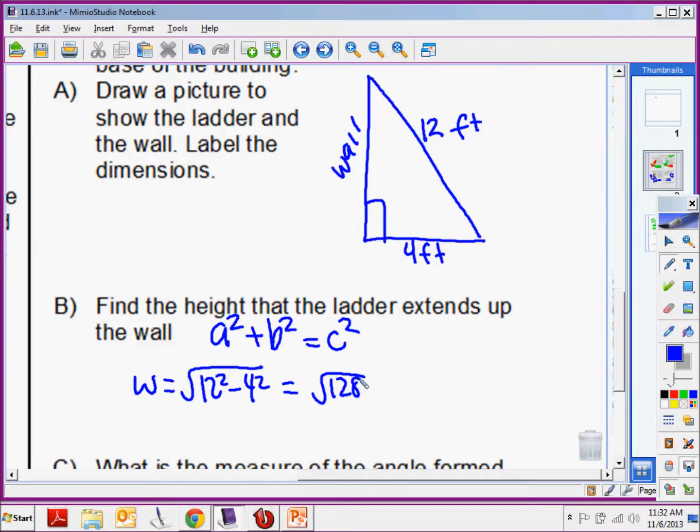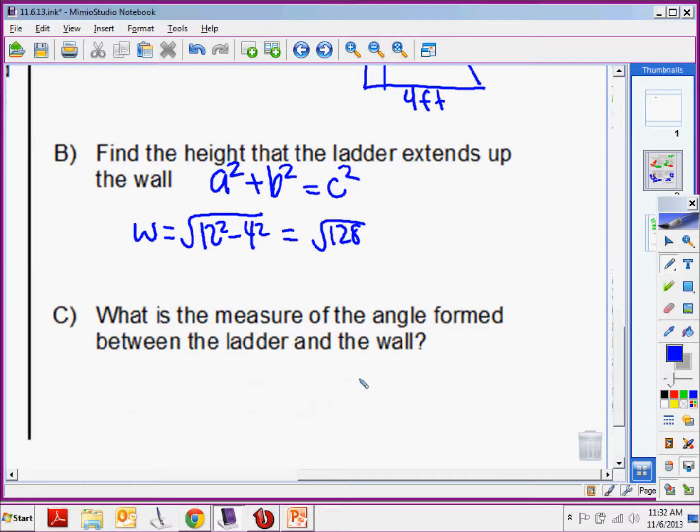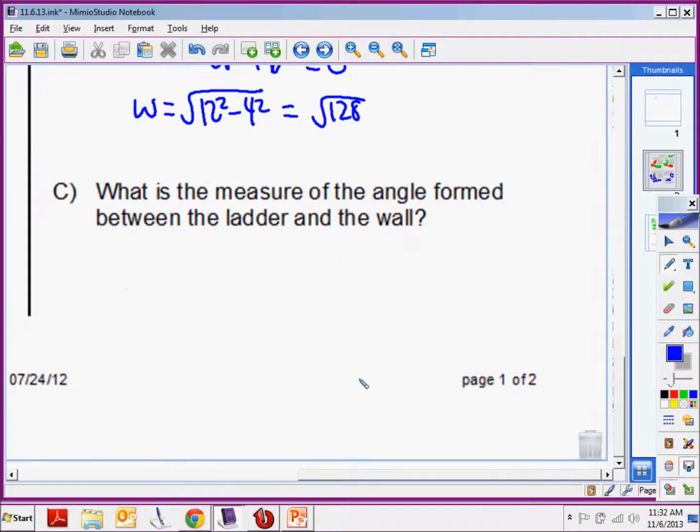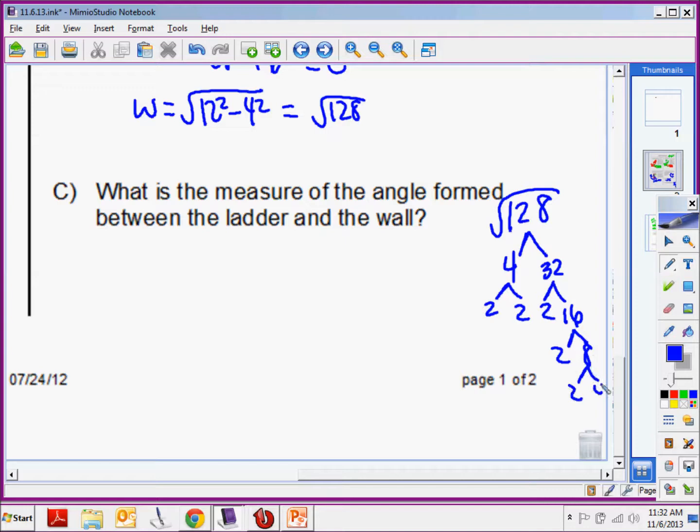Just a tidbit, I know that we can put this in a calculator and get a decimal. How many of you remember how to reduce radicals? Do y'all remember factor trees as a reducing method? Like if I did 4 and 32, 2 and 2, 2 and 16, 2 and 8, 2 and 4, and then you pair them up.